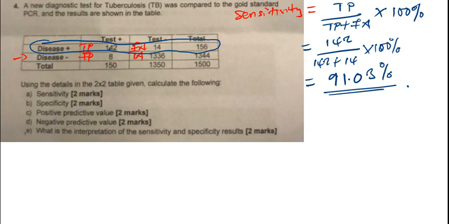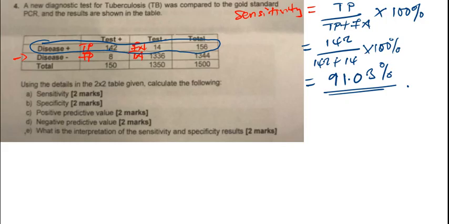So specificity, we are just talking about the ability of the test to pick up true negatives. So people who don't have disease. The ability of that test to say indeed this person doesn't have disease, that is specificity. How specific this test is.